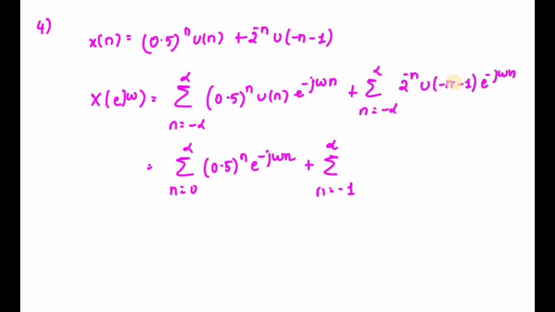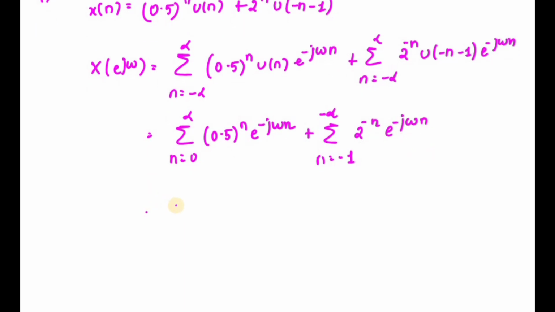If I substitute minus 2, this becomes 2 power 1. So it goes from n equal to minus infinity to minus 1. Okay, 2 power minus n e power minus j omega n.